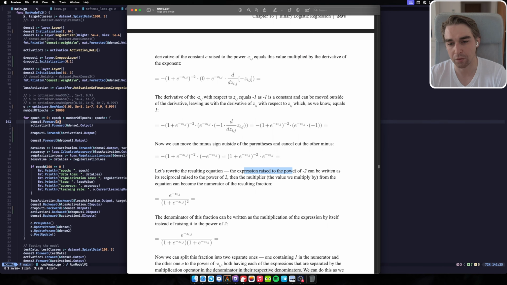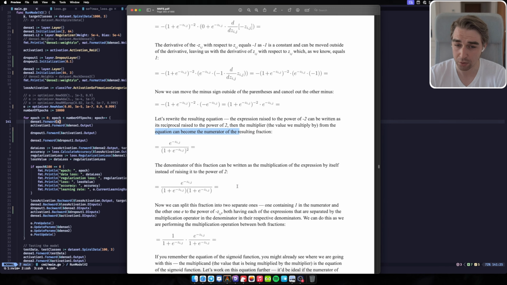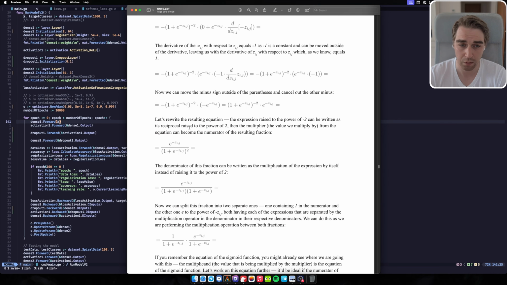The expression raised to the power of -2 can be written as the reciprocal raised to the power of 2. Then the multiplier, the value we multiply by from the equation, can become the numerator of the resulting fraction. So that comes here, that goes into the denominator. The denominator of this fraction can be written as the multiplication of the expression by itself instead of raising it to the power of 2.